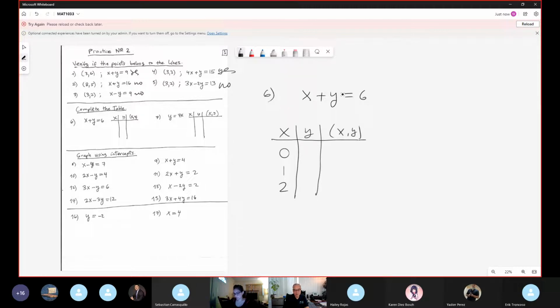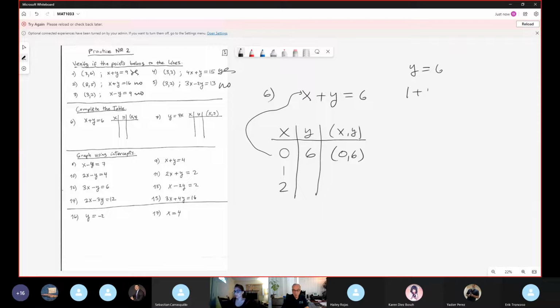At this point below, 0 is obvious. When you plug in 0 for x here, the equation is y equals 6. We put 6 here, and the point is (0,6). By the way, this point is on the y-axis. This is the y-intercept. Likewise, substitute 1 for x.